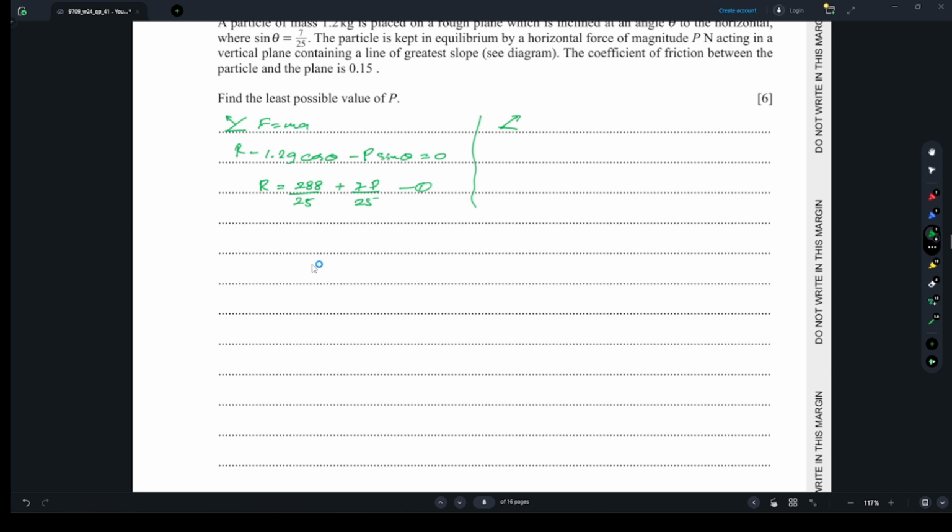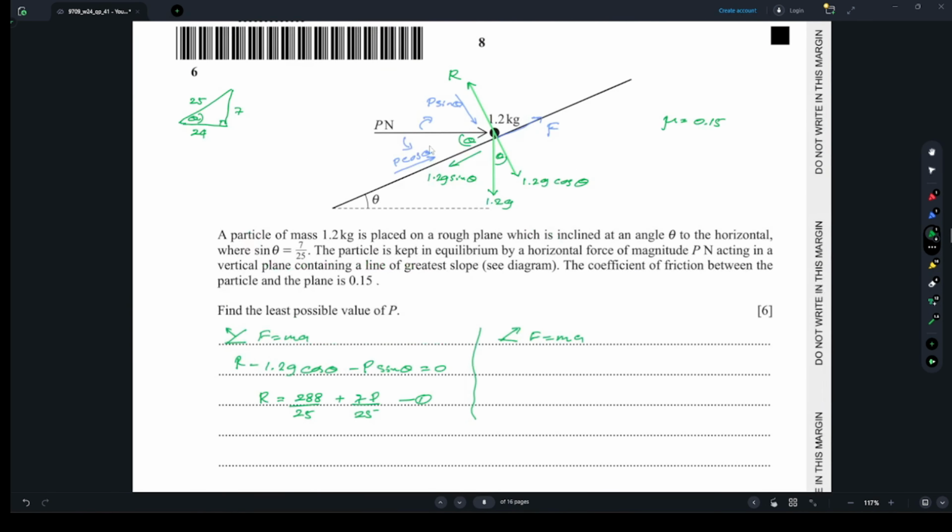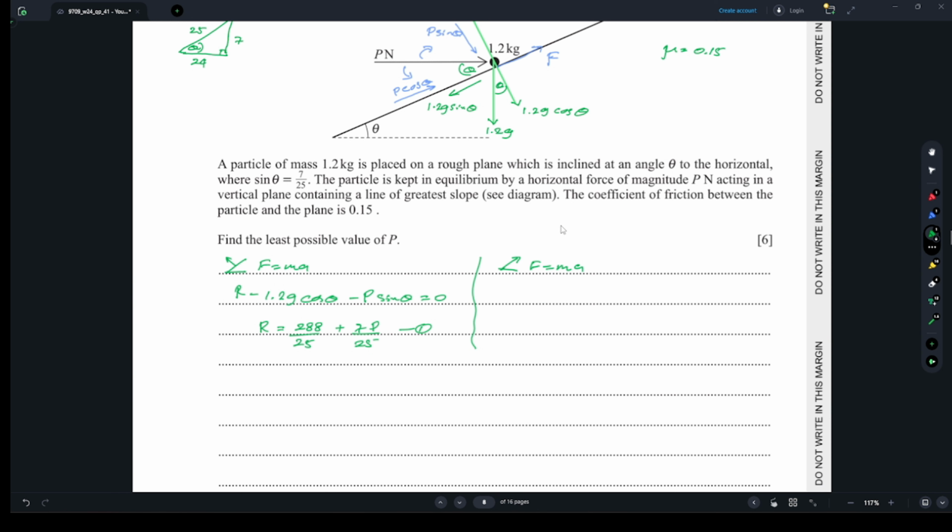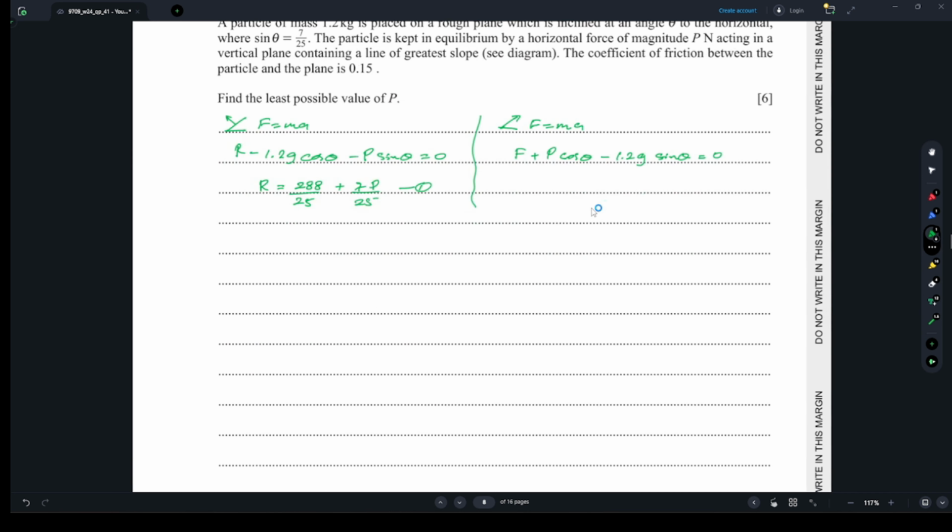Then I'm applying F equals ma parallel to this inclined surface, upwards. So upwards we have the friction force plus the component from force P, P cos theta, and then we have minus 1.2g sine theta equals 0.